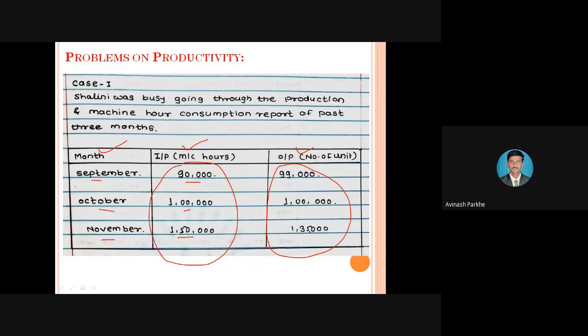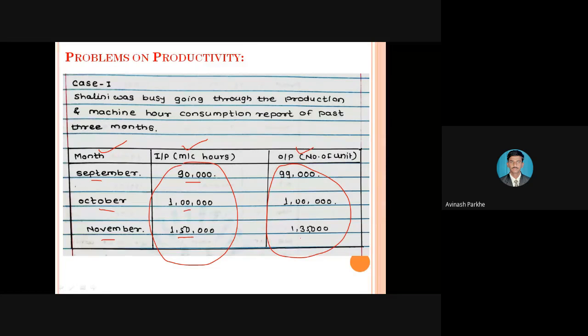And last month, November, the input is 1,50,000, but output is only 1,35,000. If we think about only output, the output continuously increases from 99,000 to 1 lakh, from 1 lakh to 1,35,000. Your production is continuously increasing.